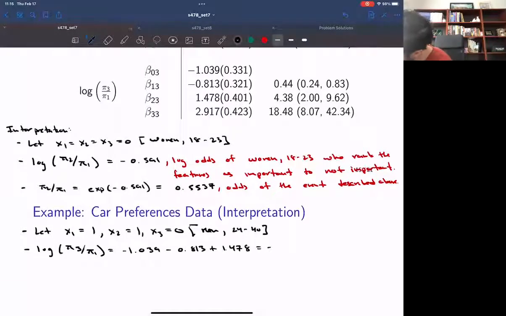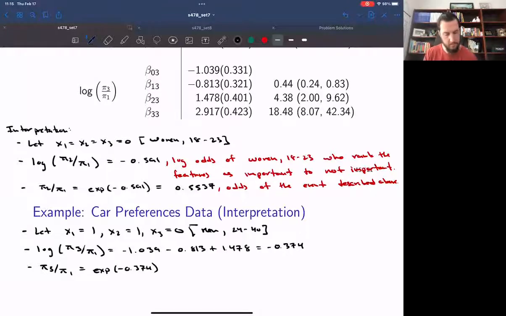Okay, so that's going to be negative 0.374. Then from this, we have pi 3 versus pi 1 is going to be exp negative 0.374. So that's going to be 0.688.